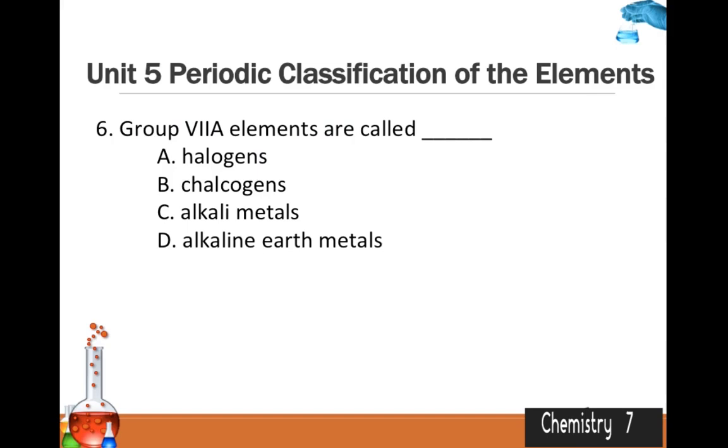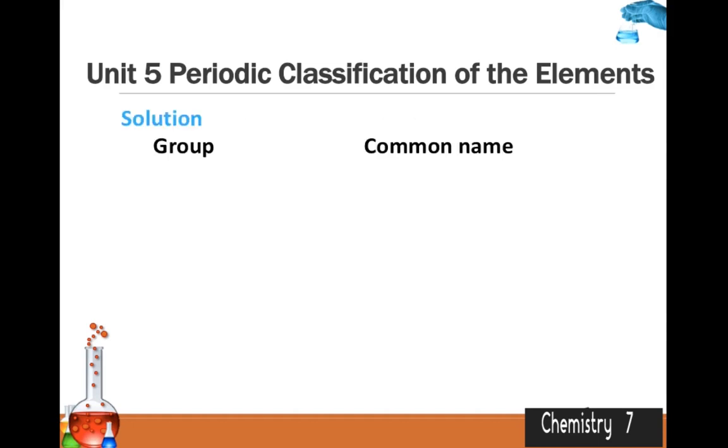Group 7A elements are called halogens, chalcogens, alkali metals, or alkaline earth metals? Group 1A is called alkali metals.